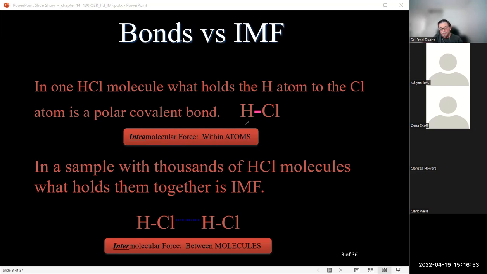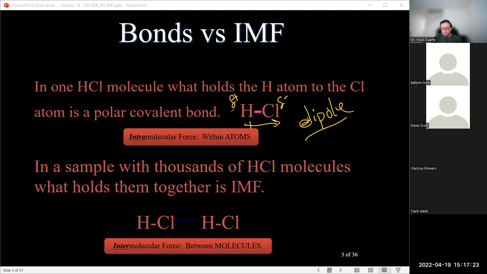The chloride's a lot more electronegative, so we have a dipole going from hydrogen to chloride, giving us a partial negative on the chloride and a partial positive. Now, that is a dipole, okay? It is a permanent dipole. The nature of the beast, because of the difference in electronegativity between these two atoms, it has a permanent dipole, just like a magnet, positive and negative, north and south pole, okay?